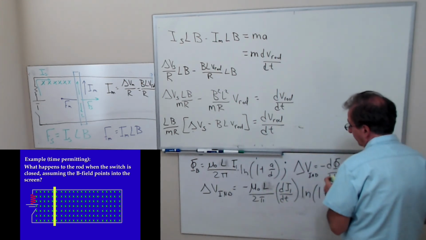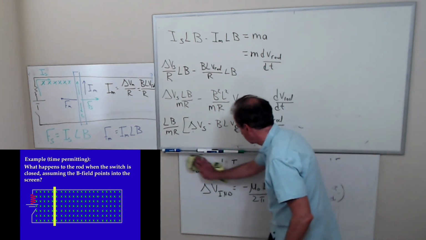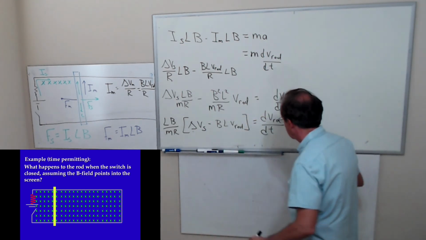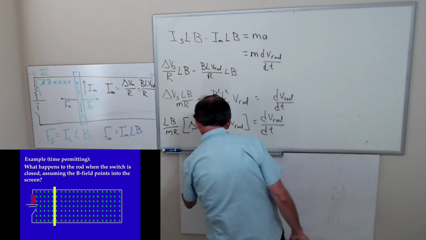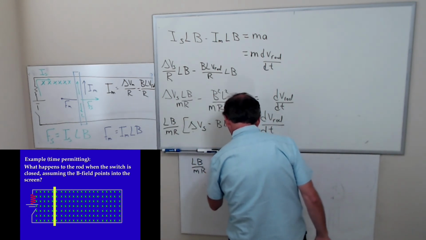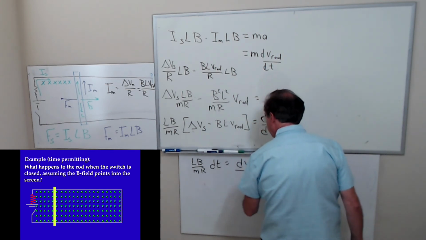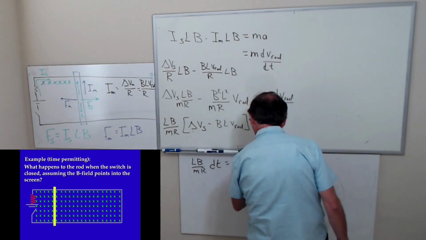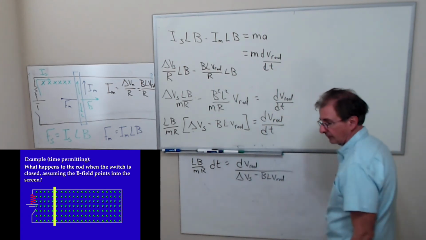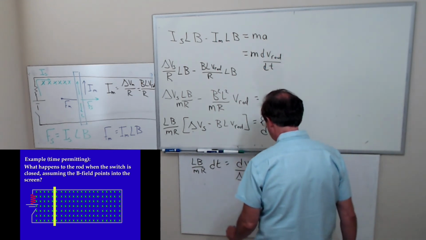Well, I have V on here and a T on here, so I'm going to put all the T's on one side and all the V's on the other. And then I'm going to integrate this thing. Integrate both sides.